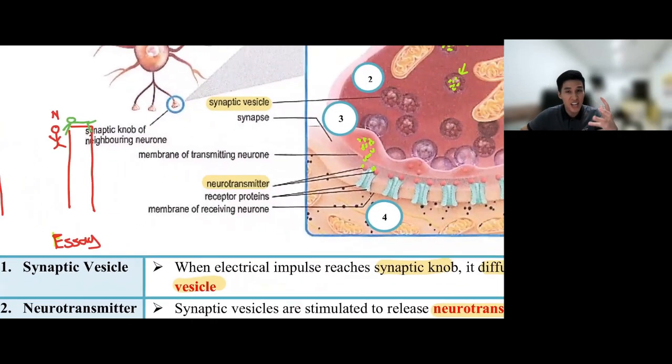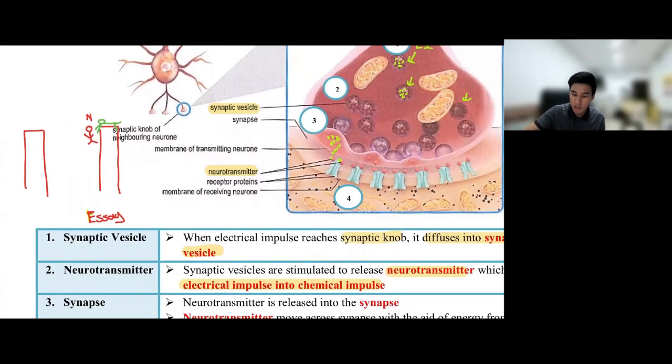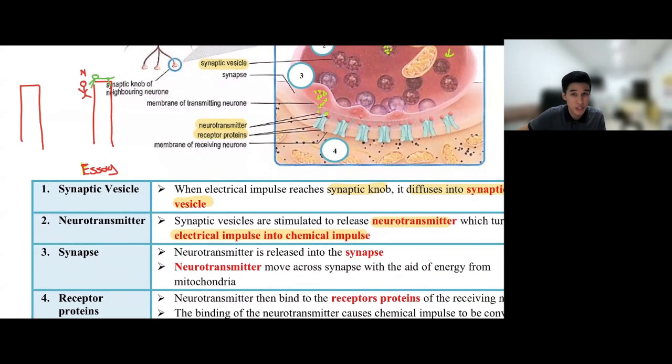So this person at the other end that catches him is called the receptor protein. The receptor protein is like a carrier protein or channel protein. The neurotransmitter enters here and then it moves on to the next neuron. Done.